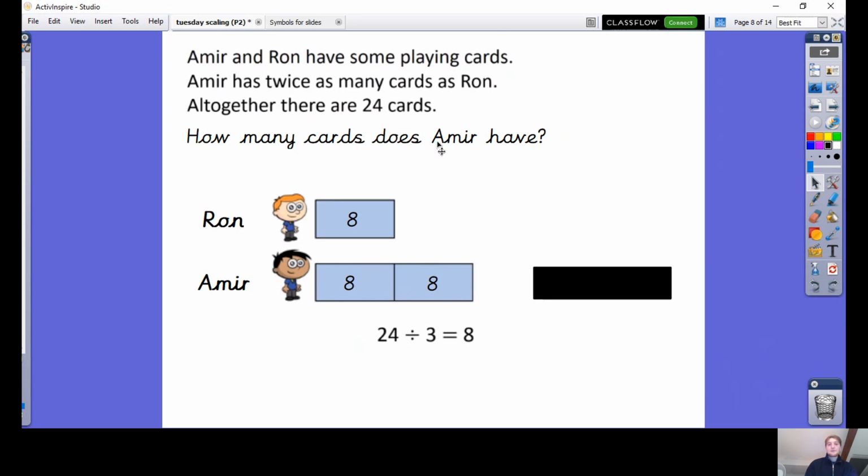Finally, we have to find out how many cards Amir has. So then we have to add these 2 numbers together, or multiply it by 2. 8 add 8, or 8 times 2 is 16. So we know Amir has 16 cards. Well done if you got that correct.